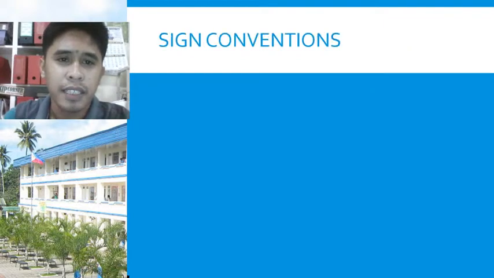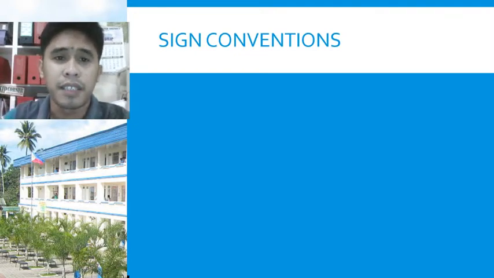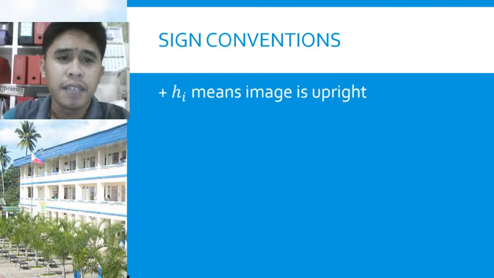Now, in every calculation, we will definitely be encountering different signs, such as positive and negative. For our convenience, we will be examining the different sign conventions used in the mirror and magnification equations and what they tell us about the image formed. If the height of the image is positive, then the image is upright.